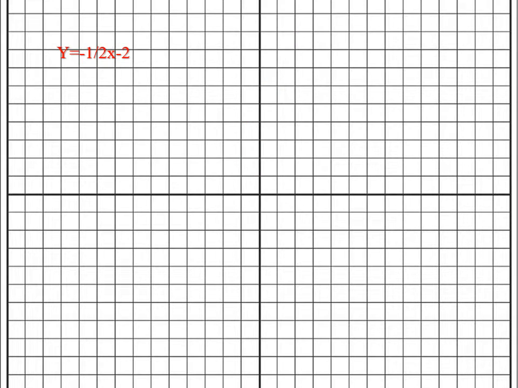All right, so now I have another one. Notice here, this is subtraction, so now I'm going to start at negative 2. Down to negative 2 is my starting point. And my slope is also negative. So now I'm going to go rise over run, down 1 over 2, down 1, and down 1 over 2.